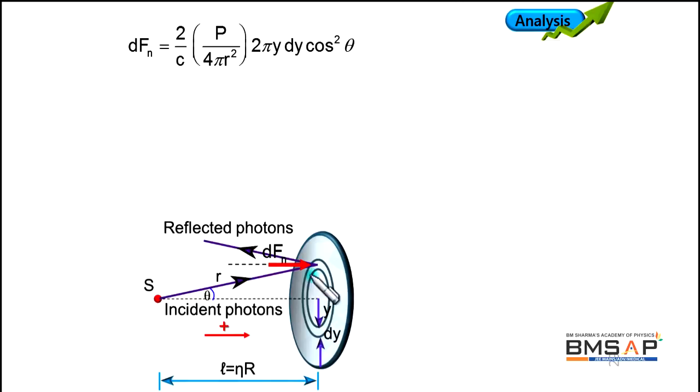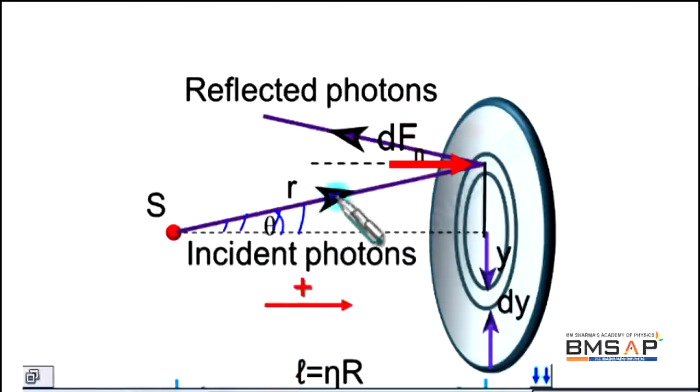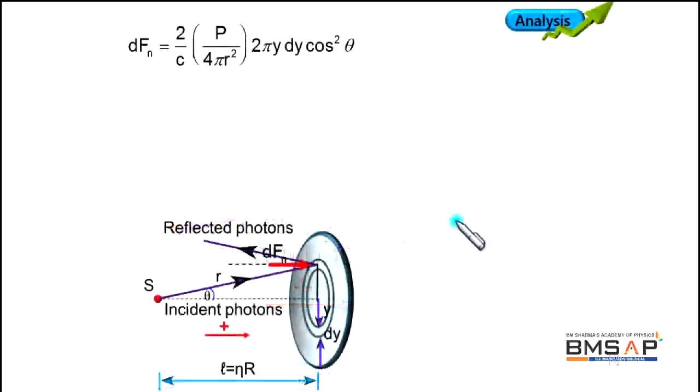So let us do one thing, you can observe this is a right angle triangle here, and in this right angle triangle this value is y and this is L, and L is equal to eta multiplied by r. That means we can write here cos theta equal to L divided by R. So let us write cos theta equal to L divided by R.